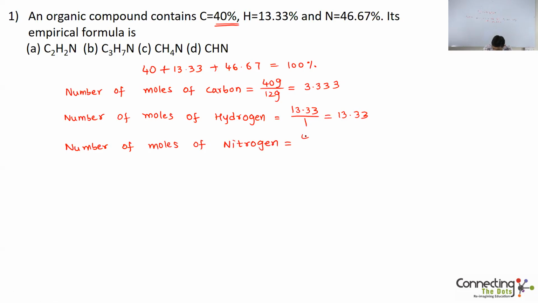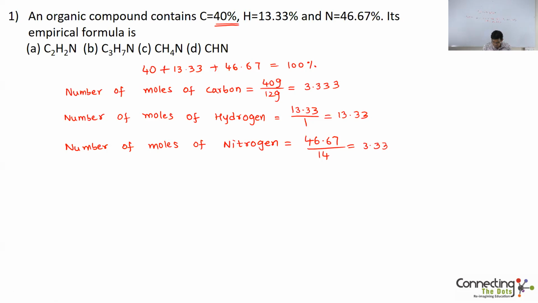The mass is 46.67, divided by the molar mass of nitrogen, which is 14. So 46.67 divided by 14 is coming to around 3.33 once again.